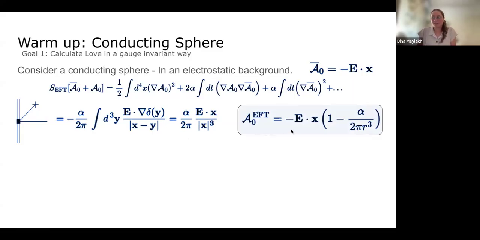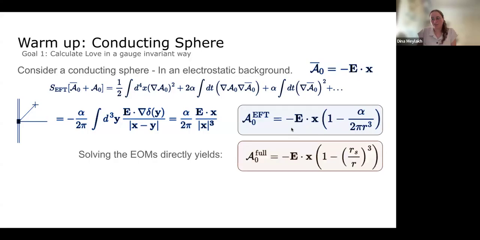But this is a pretty standard setup, and we just know how to calculate the equations of motion. And so we calculate the equations of motion directly and compare our results. So when we compare, we can see right away that alpha is just 2 pi rs to the third, where rs is just the radius of the conducting sphere.